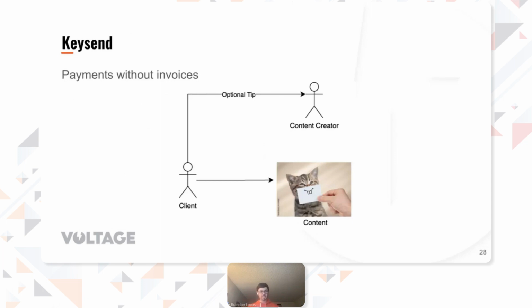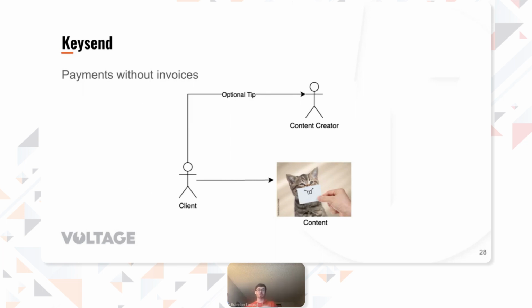Okay, so Keysend would be the next kind of protocol level way to pay. Keysend, the cool thing about it is that you can send directly to someone's public key, right? You don't actually need invoices. You're not limited by that the same way you are with Bolt 11 invoices. So the problem here with Keysend is that the way it works, there's no actual proof of payment.